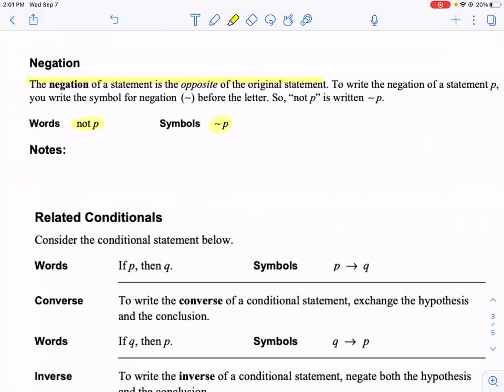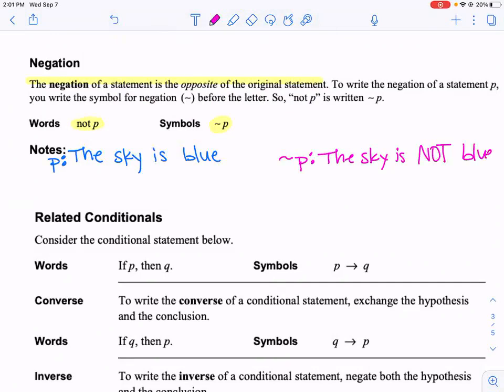This means not P. Okay, so for example, the sky is blue. If that is statement P, then statement not P would be the sky is not blue.